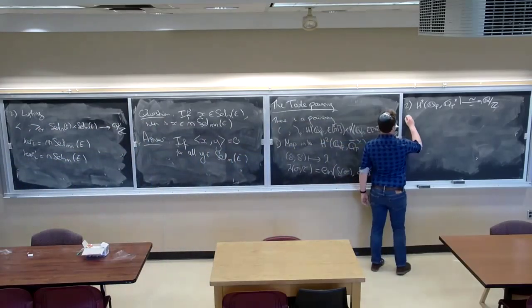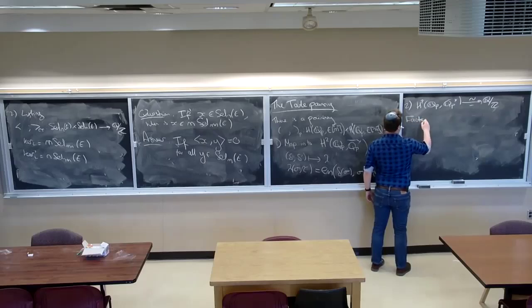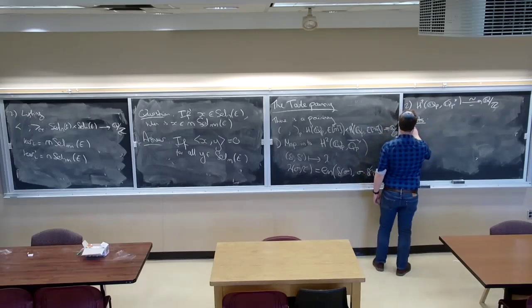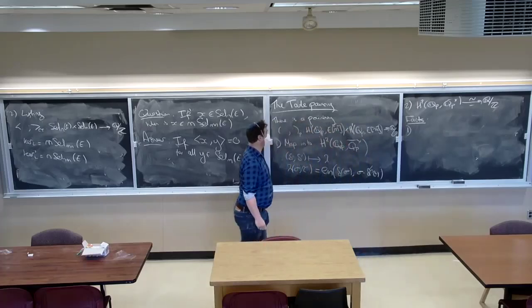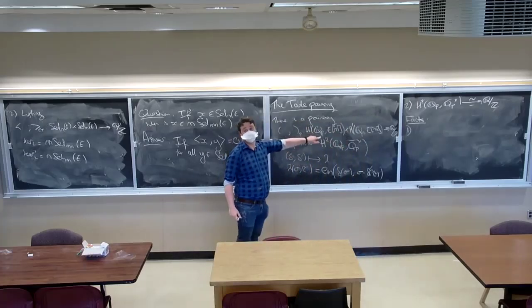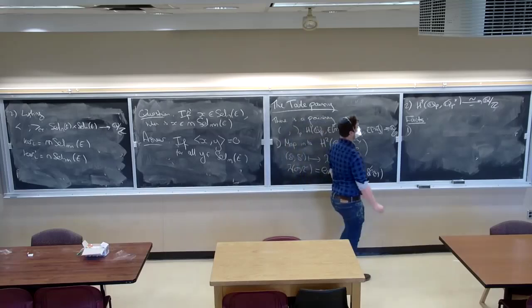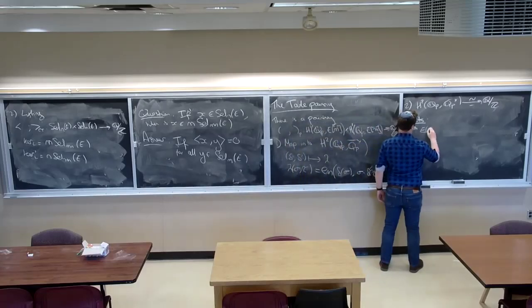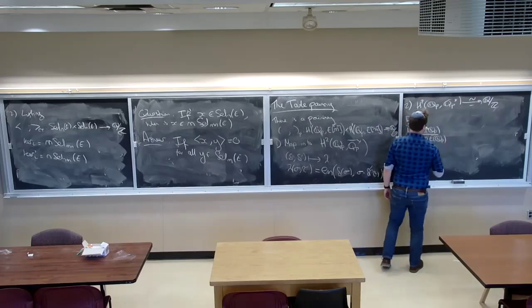So what are some facts about this pairing? I'm going to use two of them. The first fact is that living inside here is the image of the rational points, E(Q_p) modulo mE(Q_p).